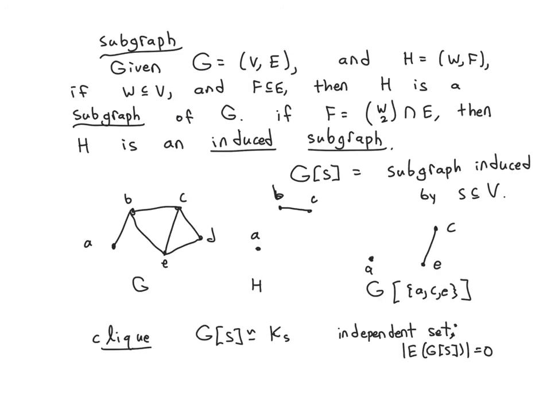So now we have the notion of a subgraph. So given two graphs, G and H, if the vertex set of H is a subset of the vertex set of G, and the edge set of H is a subset of the edge set of G, then we say H is a subgraph of G. For instance, if G is this graph, and H is this graph, obtained by deleting the edge between A and B, and deleting the vertex E and all incident edges, then we see that H is a subgraph.